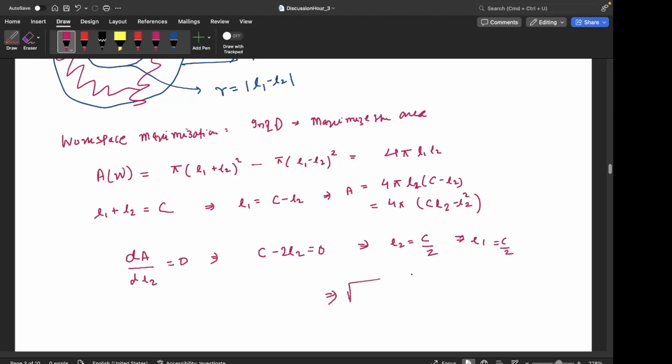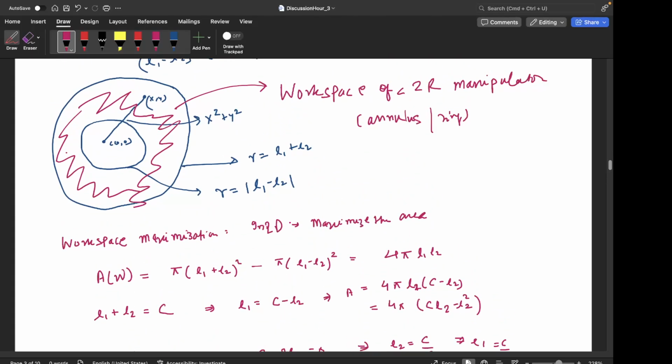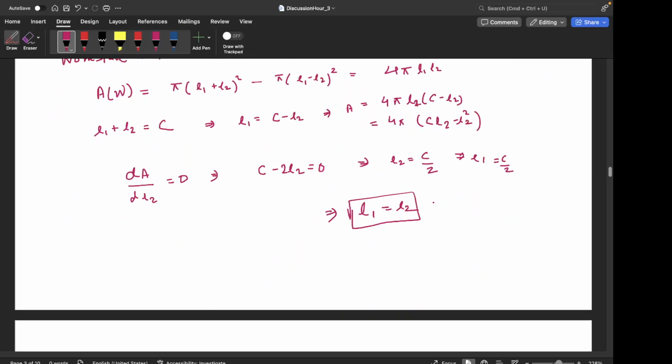And the conclusion is that area is maximum when L1 is equal to L2, and that makes intuitive sense as well, because in that case this unreachable circle goes down to 0 when L1 is equal to L2, right?